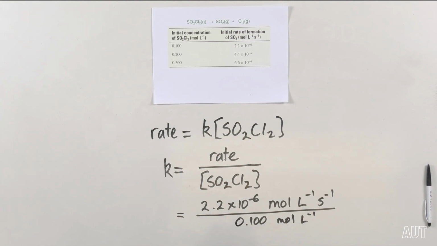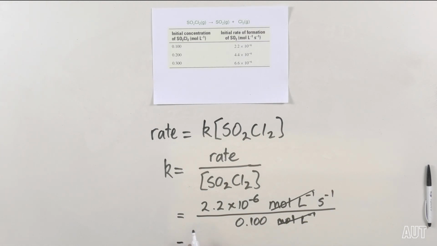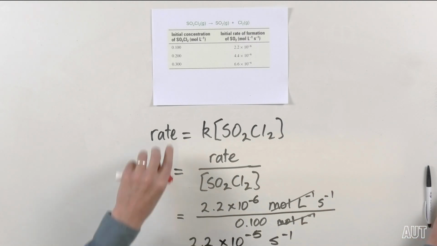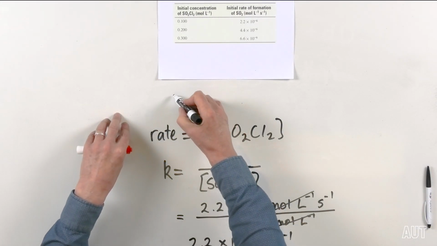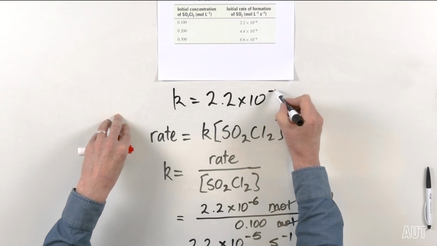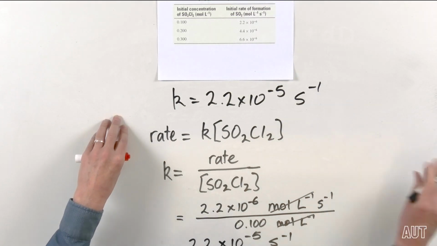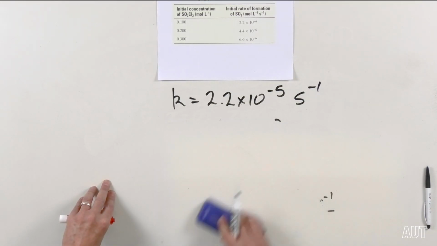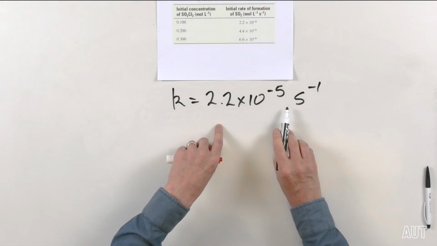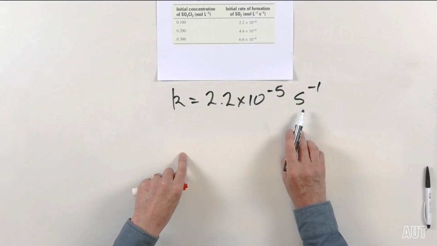You can see here that the moles per litre are going to cancel out, and we are going to get left with 2.2 times 10 to the minus 5 seconds to the minus 1. And let's just write that up here in case I'm going off the bottom. So K is equal to 2.2 times 10 to the minus 5 seconds to the minus 1 for this particular reaction, okay? And that's the value of your rate constant, okay?